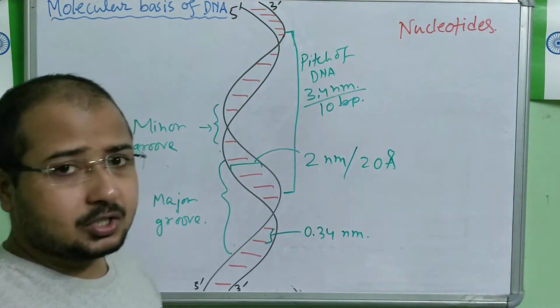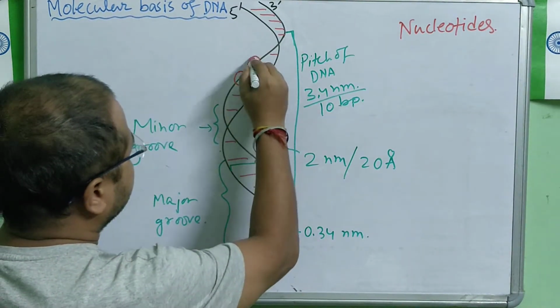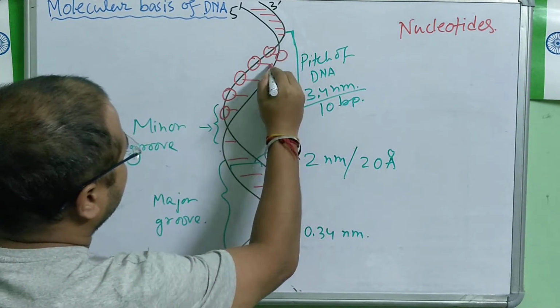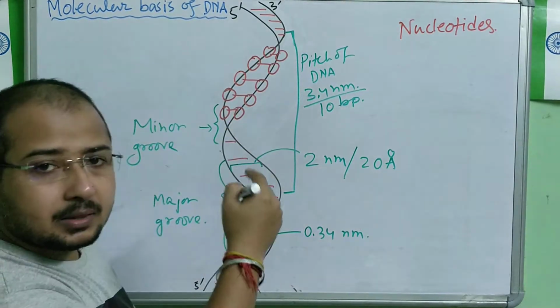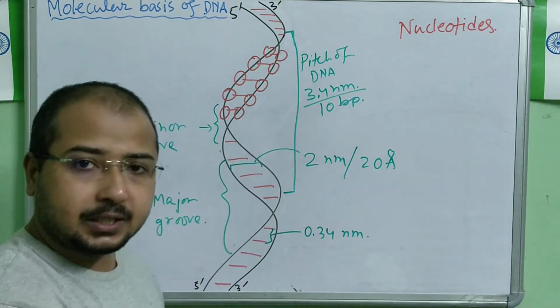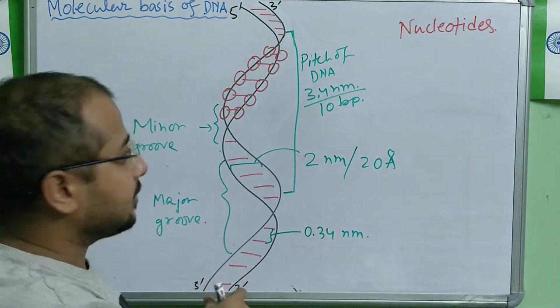Just if I show you here, the molecules are like this. On both the strands, the nucleotide molecules are like this. One after another, they bind with each other and form a chain. The entire strand is like this.